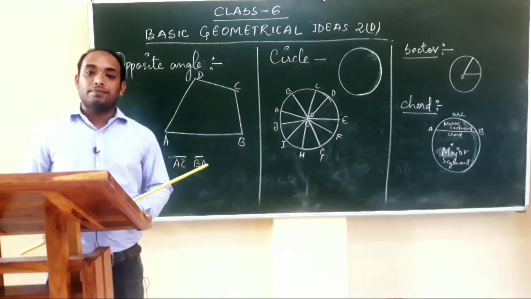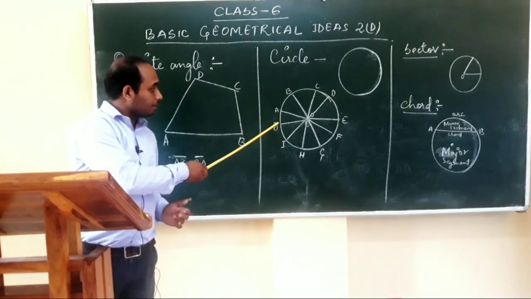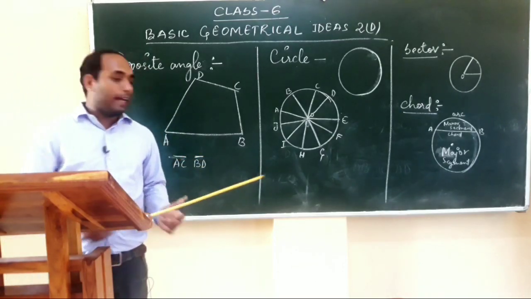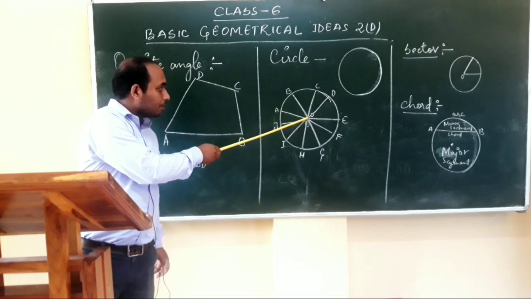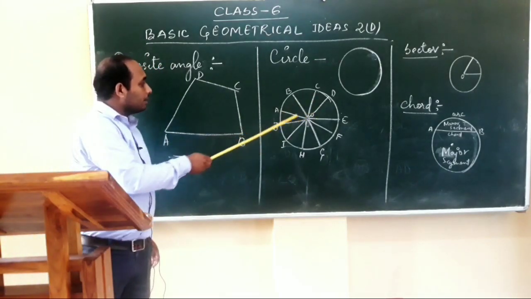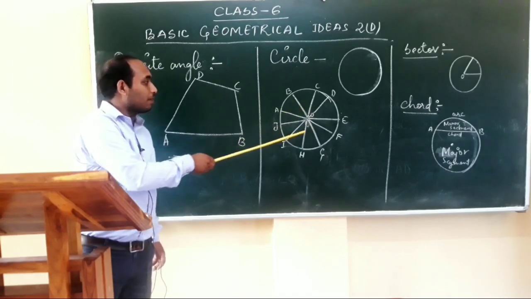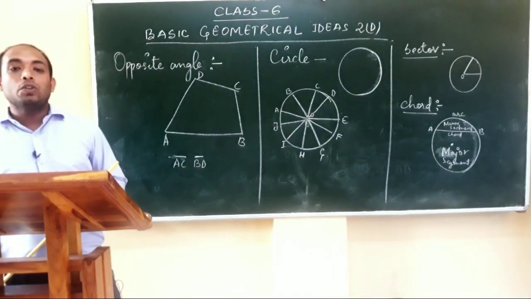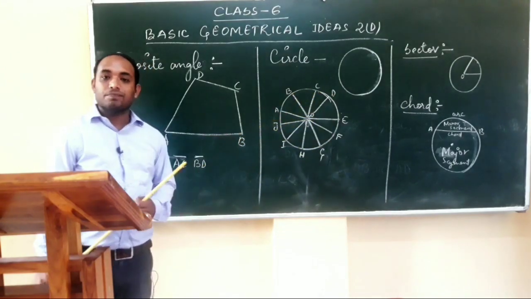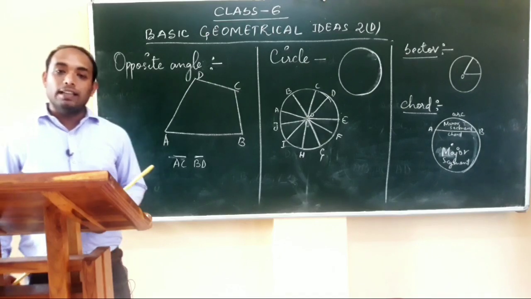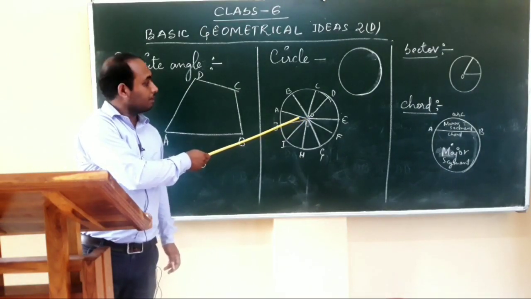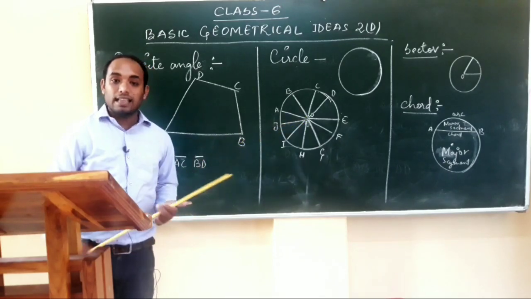Let us observe a cycle wheel. The cycle wheel has a point in its middle, and the spokes arise from the middle to each edge. This part is called the edge. The middle point of the cycle wheel is called the center of the circle.